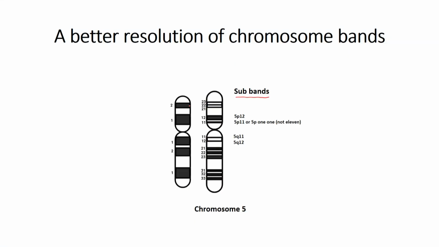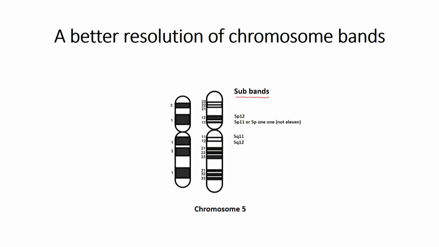It is not so. At that time the point nomenclature had not come. So that is why it is 1, 1, 1, 2, 1, 3, like this. In the same way, band number 2 has 3 sub-bands: 2, 1, 2, 2, 2, 3.